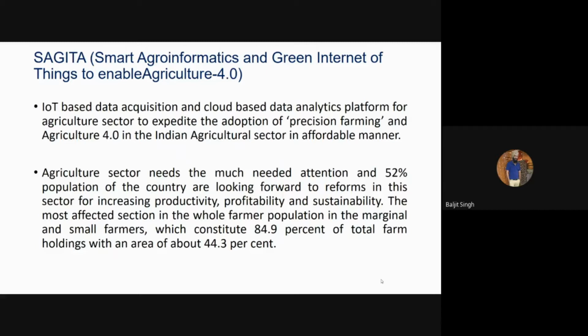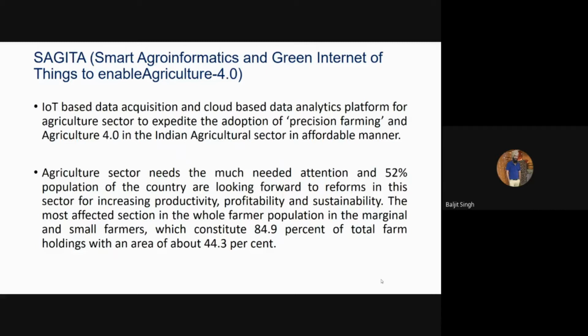The most affected section in the whole farmer population is the marginal and small farmers, who constitute 84.9% of the total farm holding, with an area of about 44.3%. So in our country, and even in this whole subcontinent, most of the farmers have very small farm land holdings.